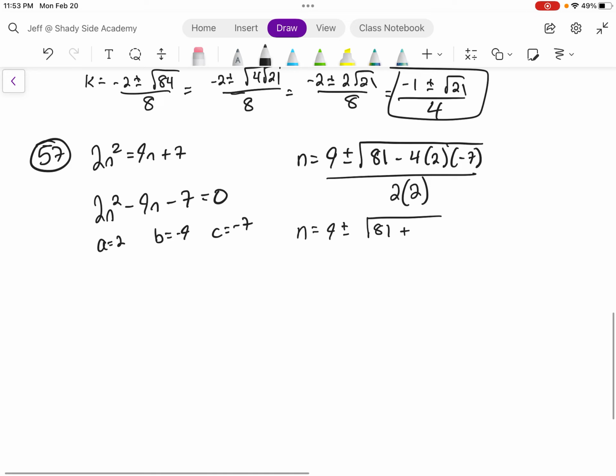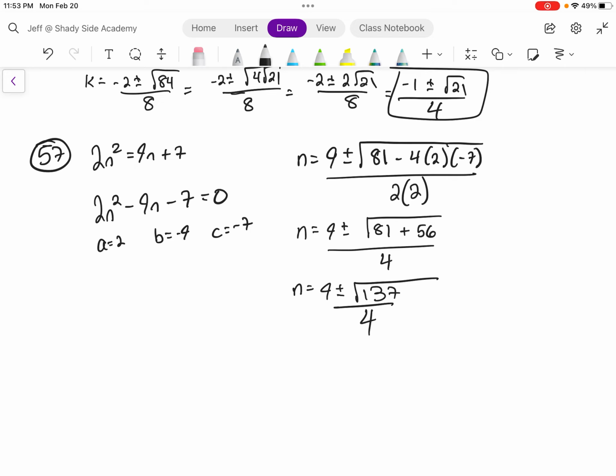Plus 8 times 7, that's 56, over 4. What is that, 137? 9 plus or minus root 137 over 4. I don't think that is going to simplify at all. So, we're good just leaving it like this.